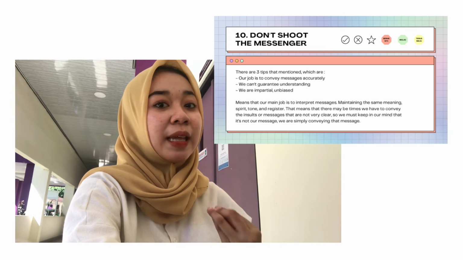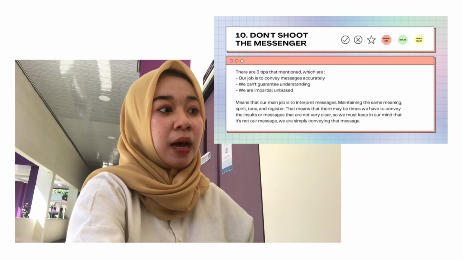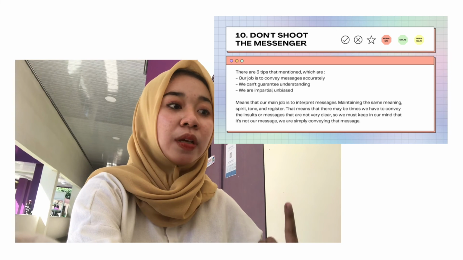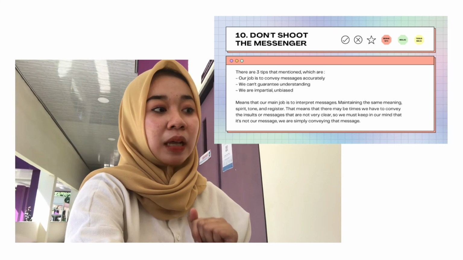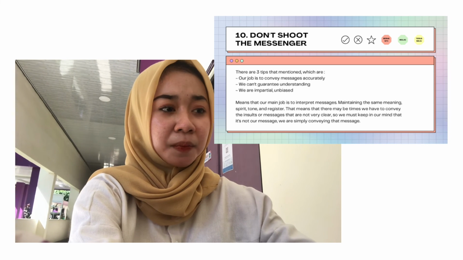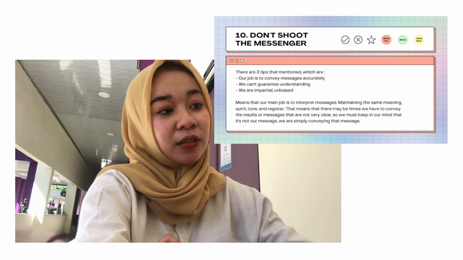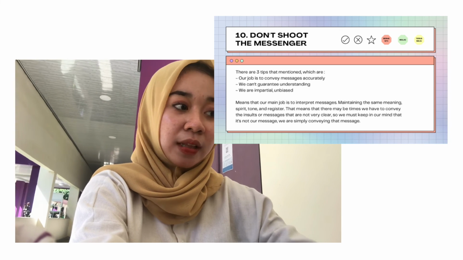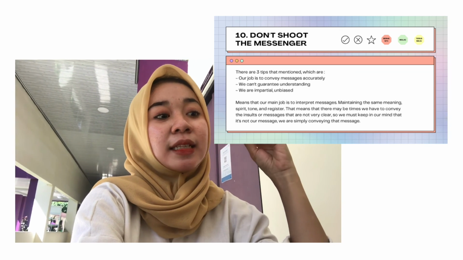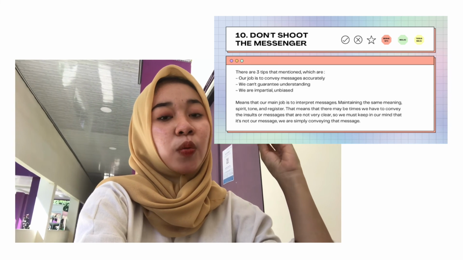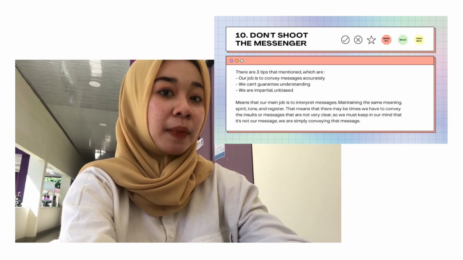So we only interpret the messages, maintaining the same meaning, spirit, tone, and register. That means that there may be times we have to convey insults or messages that are not very clear. So we must keep in mind that it's not our message, we are simply conveying that message.